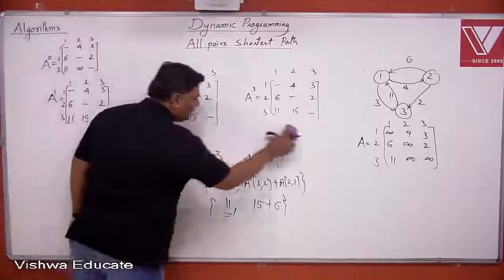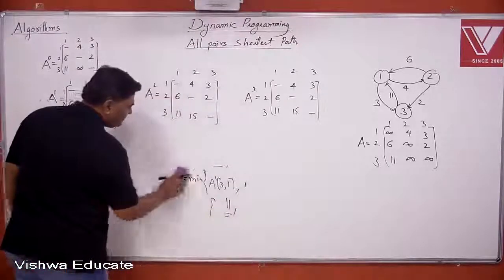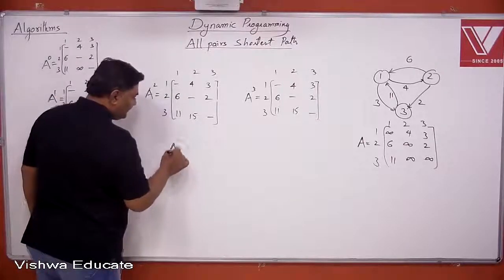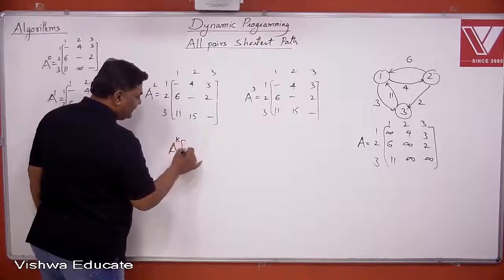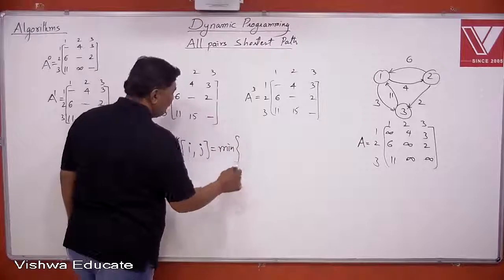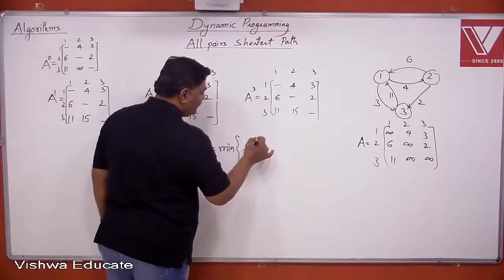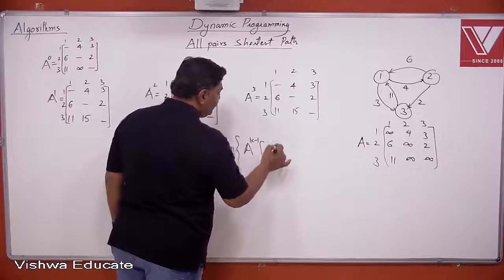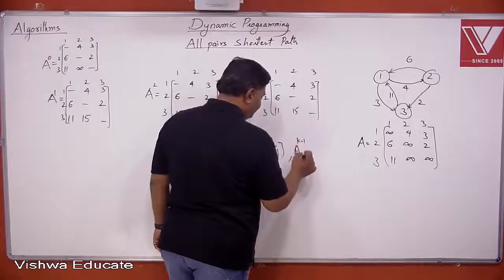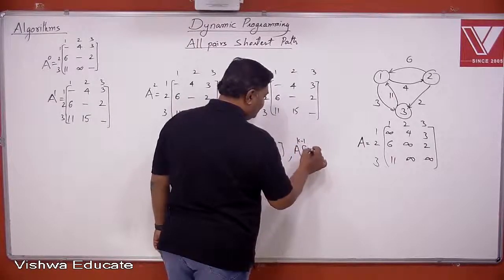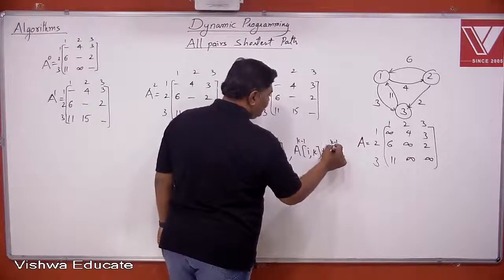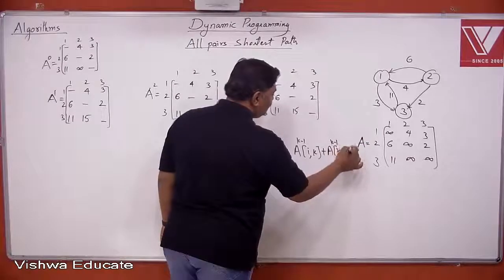Now, what was the formula we were following? For any A k of i comma j, we were finding the minimum of, from the previous matrix k minus 1, A of i comma j, or else from the previous matrix A of i comma k plus, from the previous matrix, k comma j.